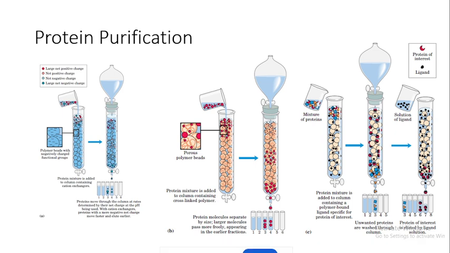So if you want to purify, suppose you are given a mixture of multiple antibodies, and now you want to purify a specific antibody. For example, as in the COVID time, we had multiple strains of SARS-CoV-2, right?